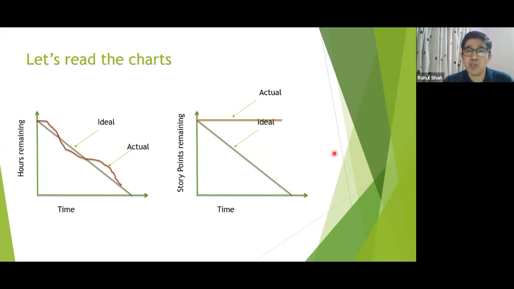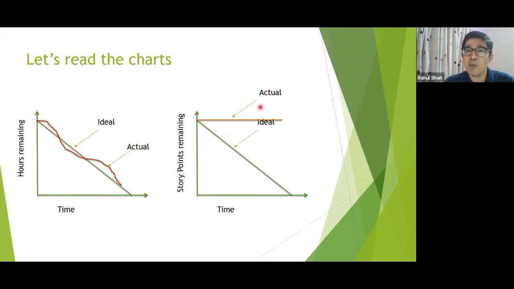Some of the stories are not yet given to testing or not yet deployed. So one reason might be some small task remaining. Another is there could be defects. That is why they are not able to make any progress.